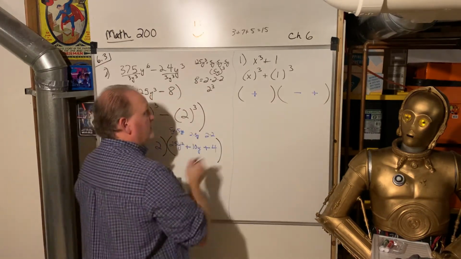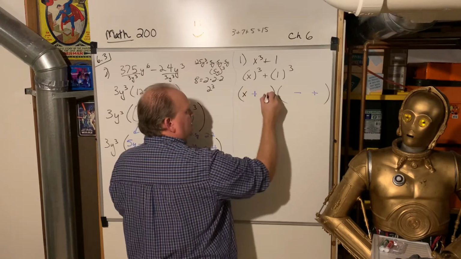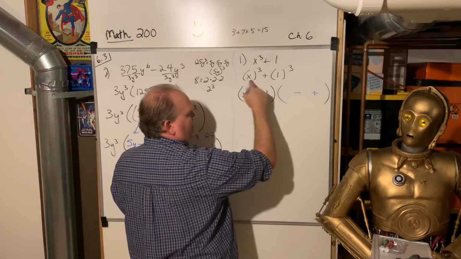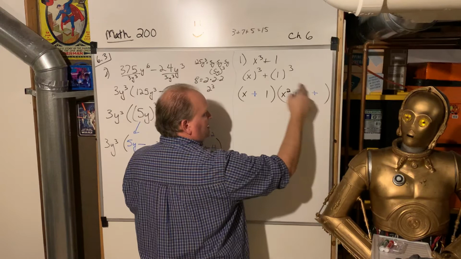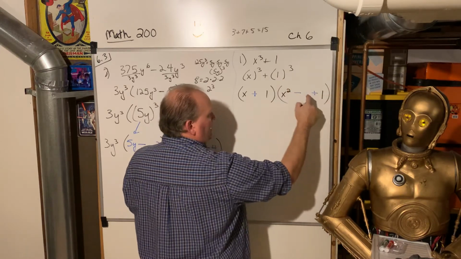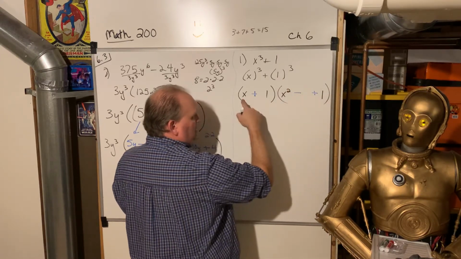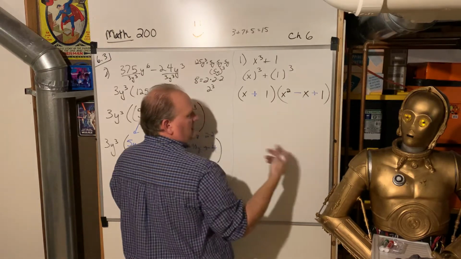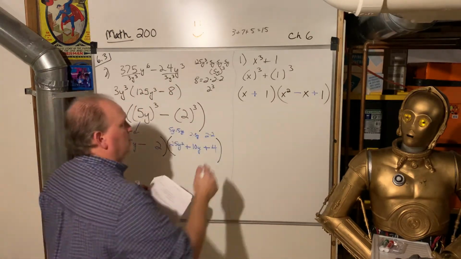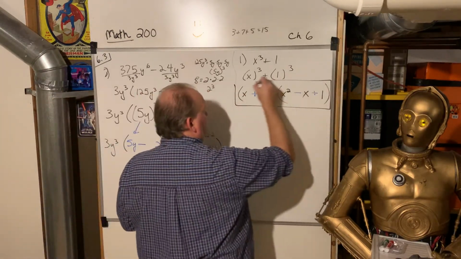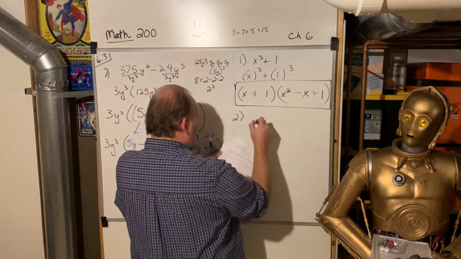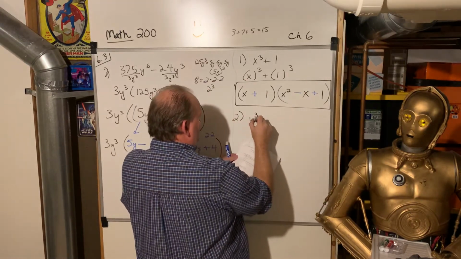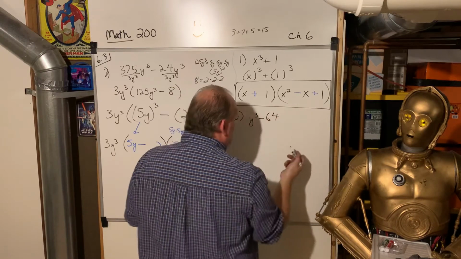And now whatever numbers are right there, you put down x and 1. This is that number times itself, x squared. This is that number times itself, 1 times 1 is 1. And this is the numbers times each other, so 1x. And you're done. That's it. Done. Factored.